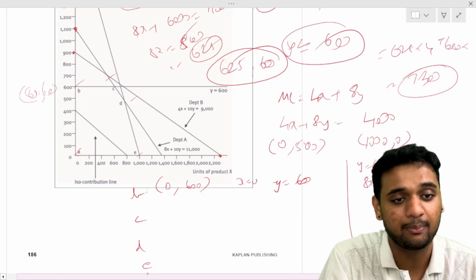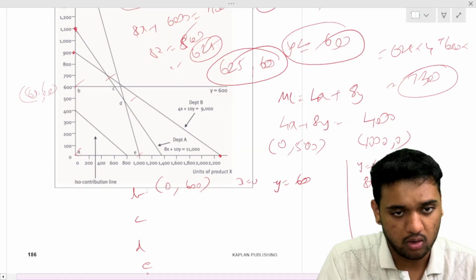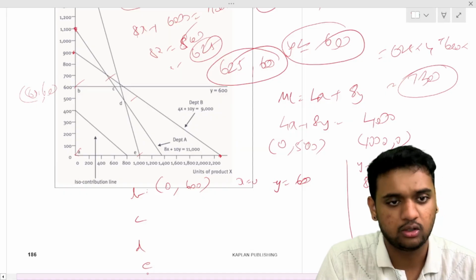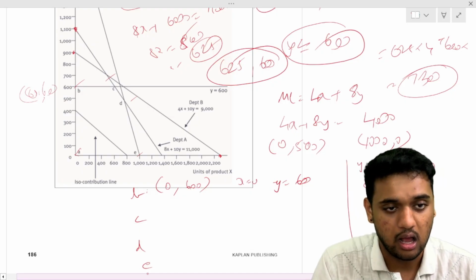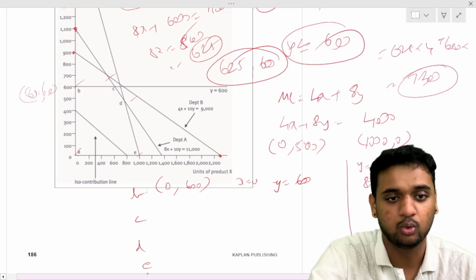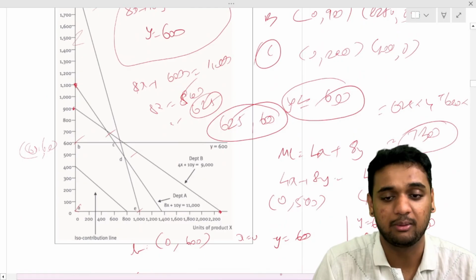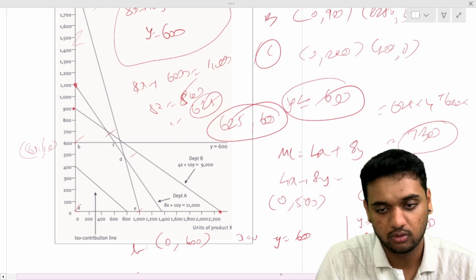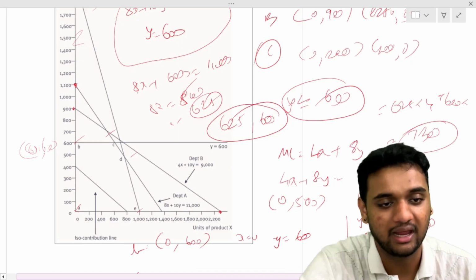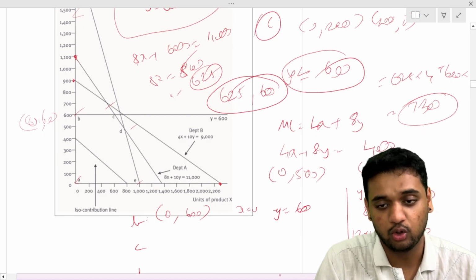What does point D represent? It is also an intersection of 2 lines. What are the 2 lines? The department C line, 12x plus 6y is equal to 12,000, and the department A line, 8x plus 10y is equal to 11,000.